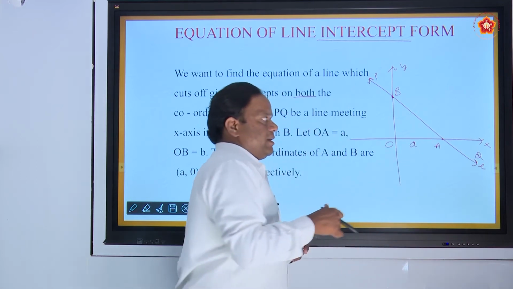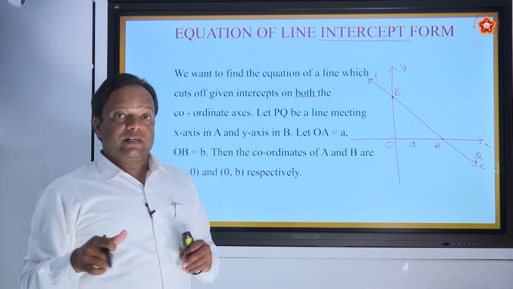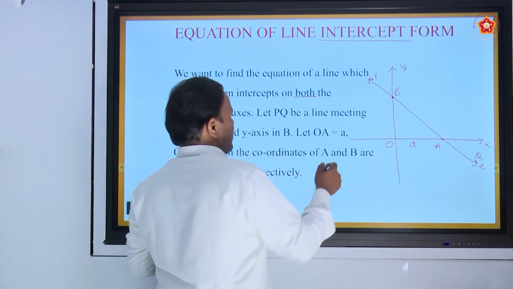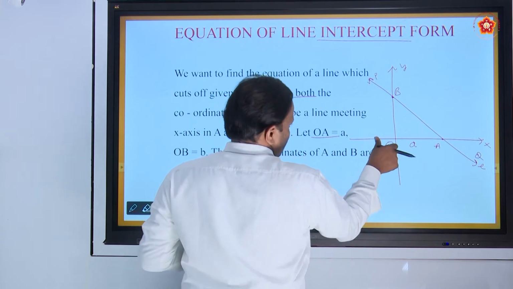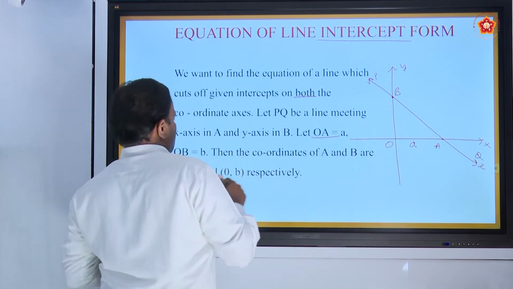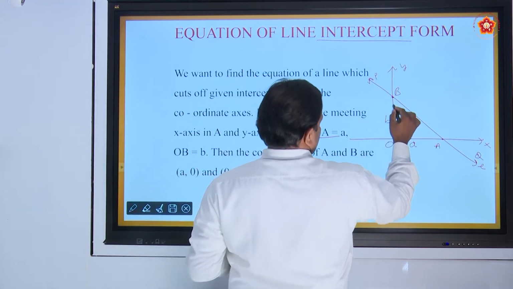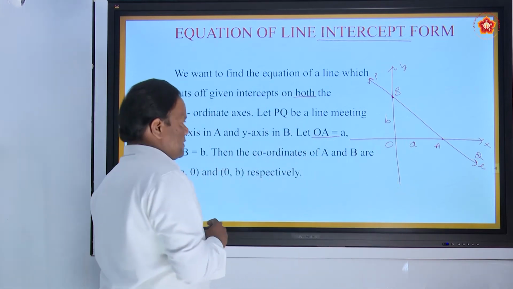The x intercept is generally denoted by small a. So OA equals a, the x intercept, and OB equals b, the y intercept.